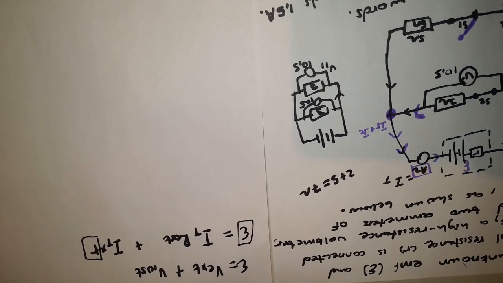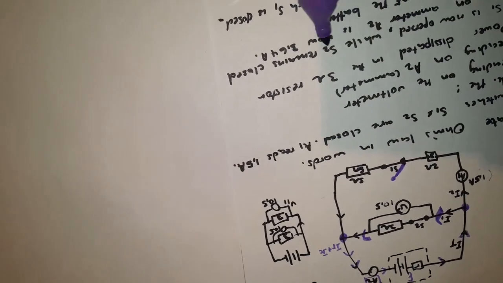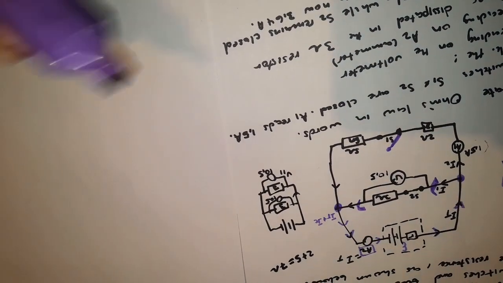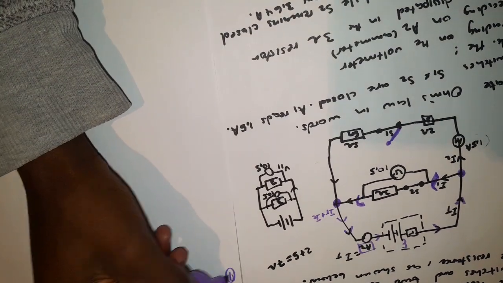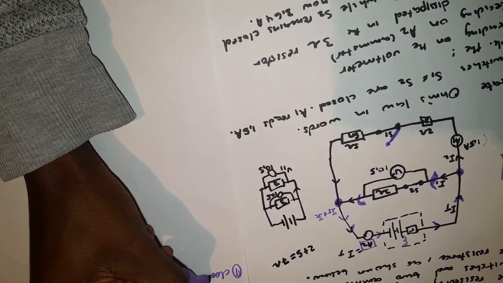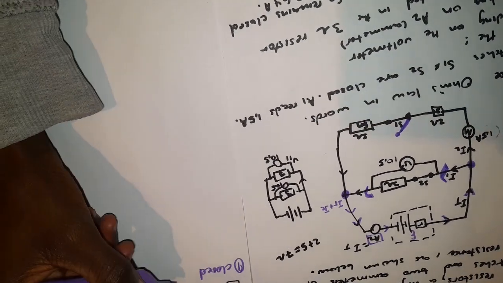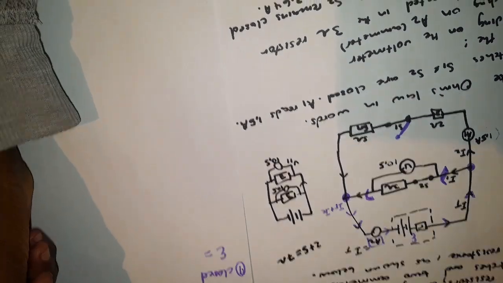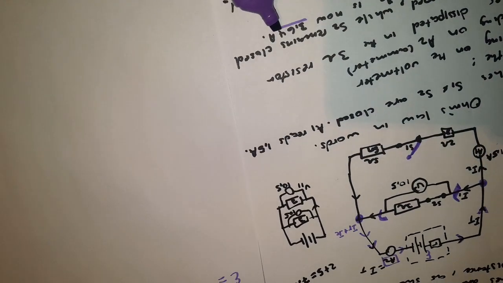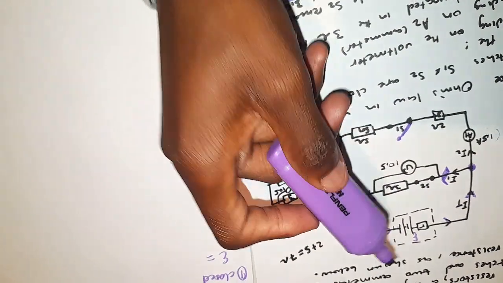So now, first of all, they say switch S1 is now opened while S2 remains closed. The ammeter reading on A2 is now 3.4. So for the first one, I'm just going to write closed. If our A2 is 3.4 amperes, it means that the total current is 3.4 amperes.